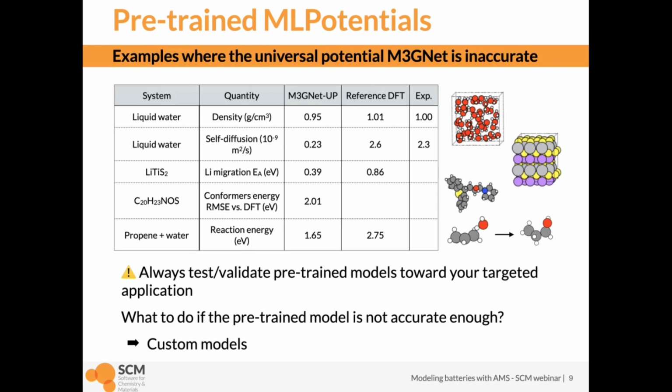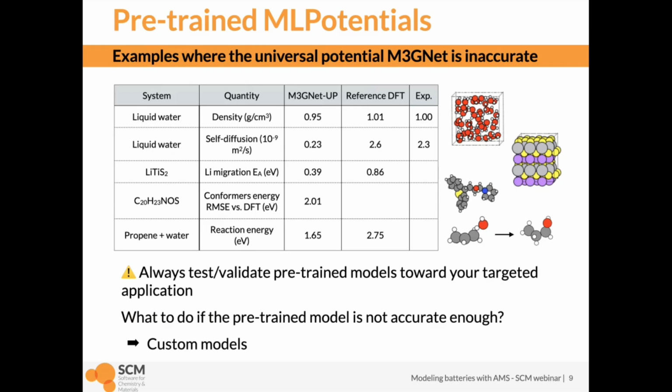The one I've shown to you before was pretty reasonable with M3GNet. You see that here for lithium, titanium, and sulfur, it's about half the activation energy. For conformers, this is the root mean square error compared to DFT, which is quite high, more than 2 eV.